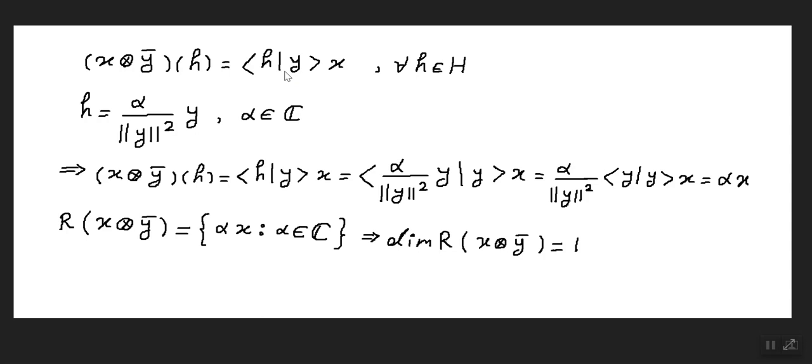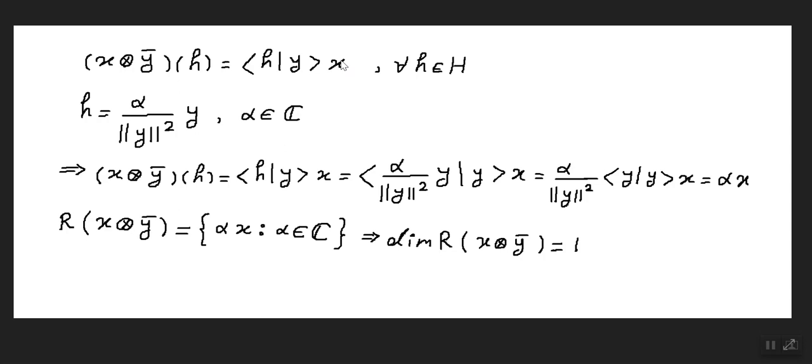If you look closely, you can see the image of this operator is given by the scalar product of x, when h runs over the Hilbert space H. So roughly speaking, the range of this operator is a one-dimensional subspace spanned or generated by x.